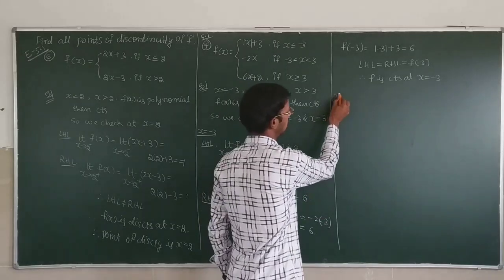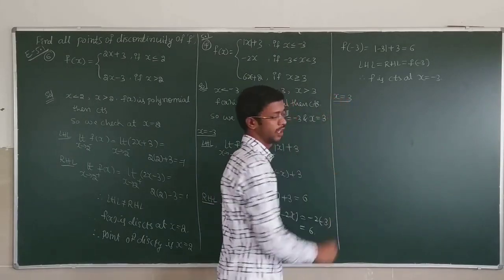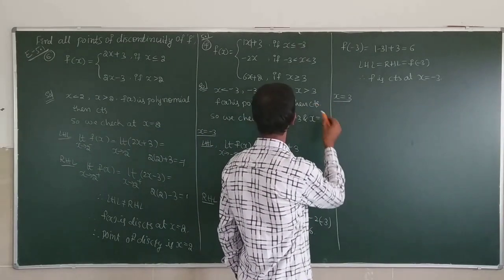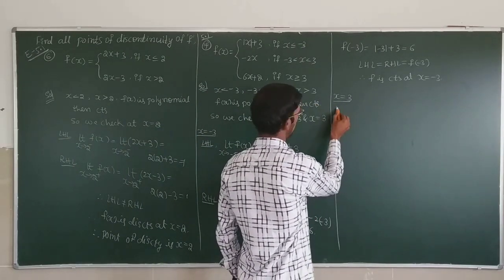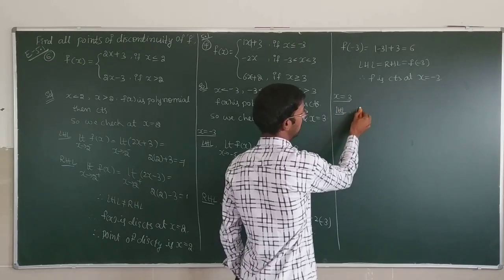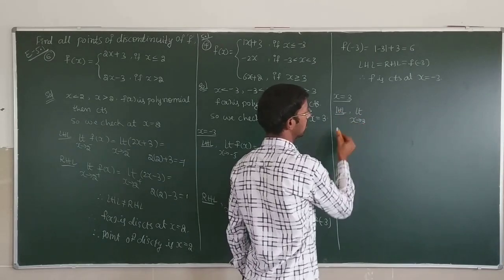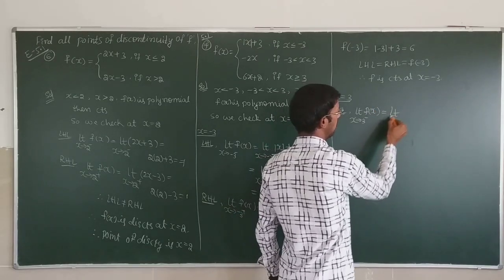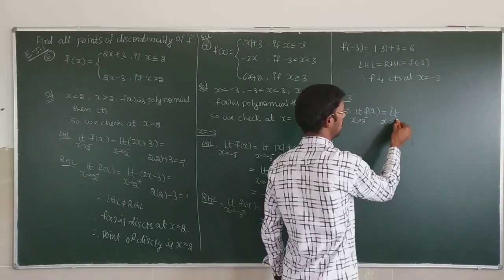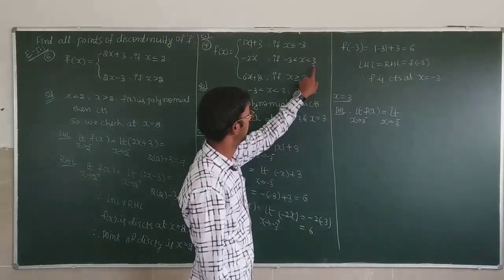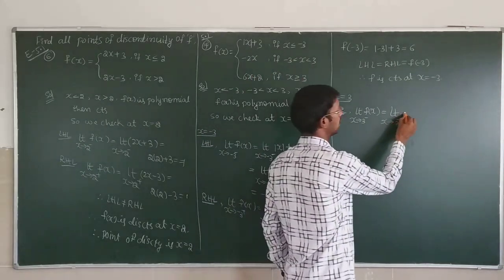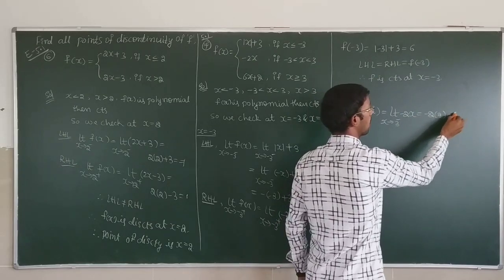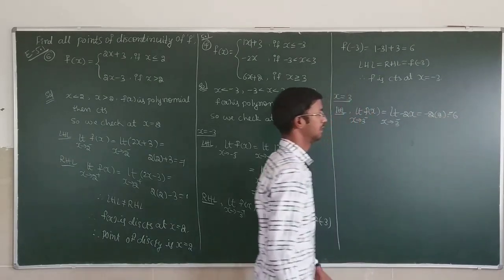Now, at x equal to plus 3, we have to check. LHL is the limit x tends to 3 minus of f of x, less than 3, which is minus 2x, equal to minus 6.